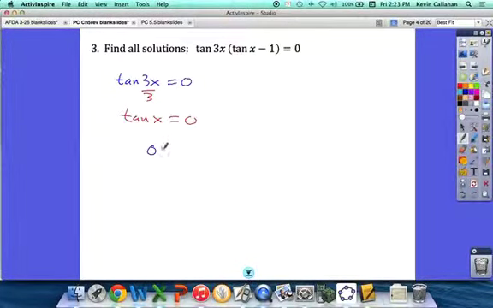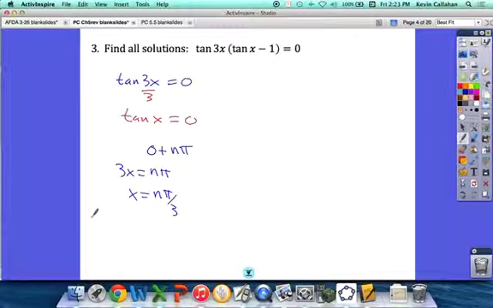Basically, you would say it's 0 plus n pi, which you don't need to put the 0, so we'll just say n pi. So you would say when 3x equals n pi, then this thing equals 0. Now divide by 3. Right there is where you divide by 3, not inside the trig function. So x equals n times pi over 3, like that.